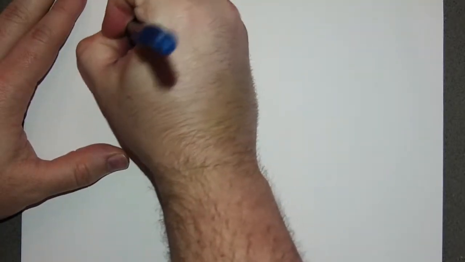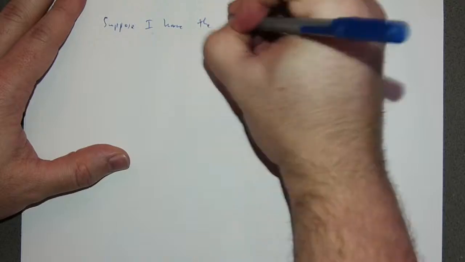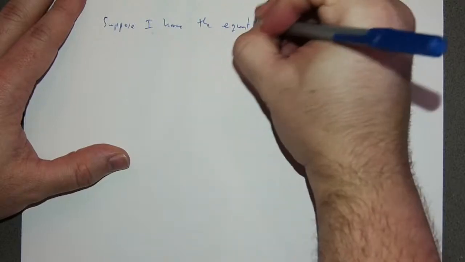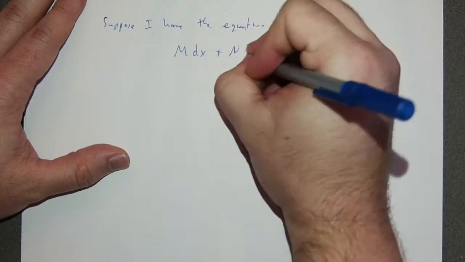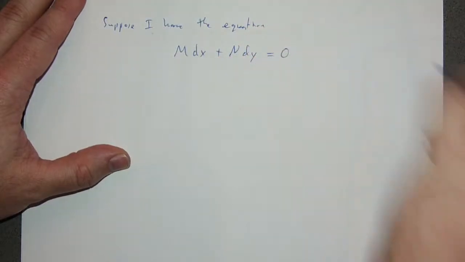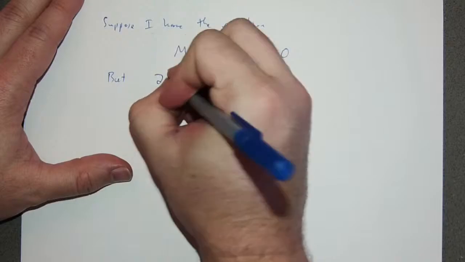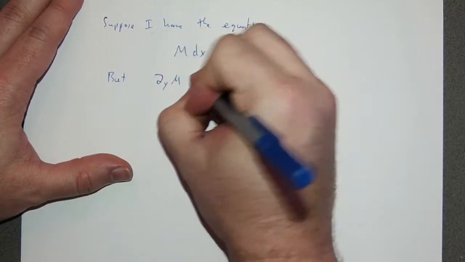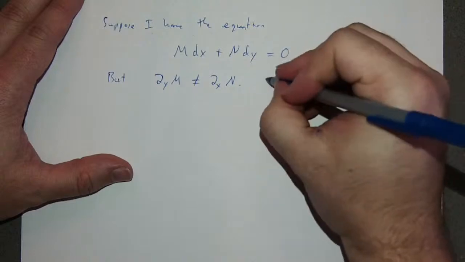So suppose I have the equation M dx plus N dy is equal to 0, but the y partial of M is not equal to the x partial of N. What do I do?